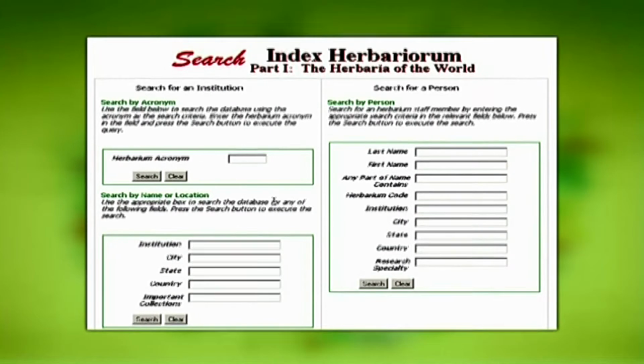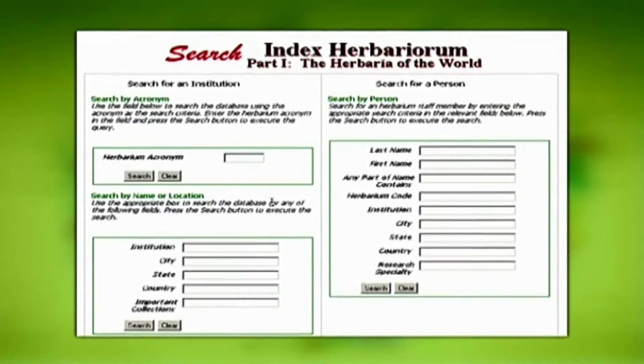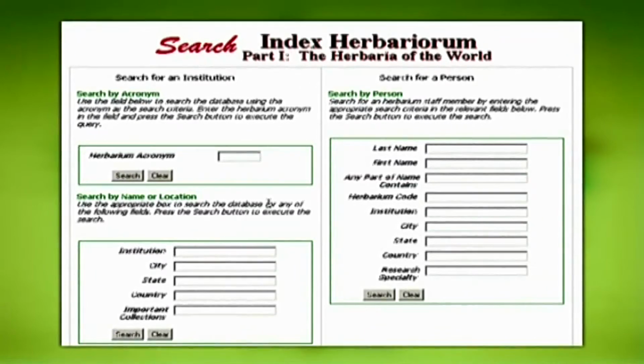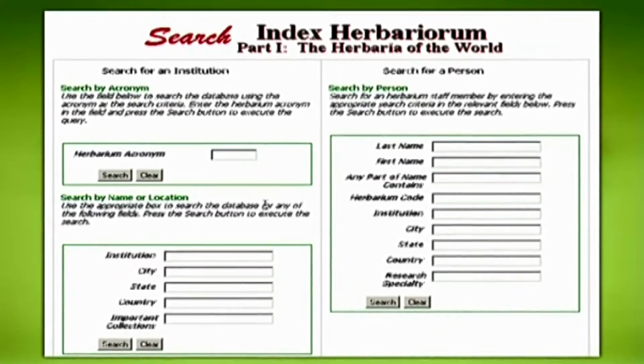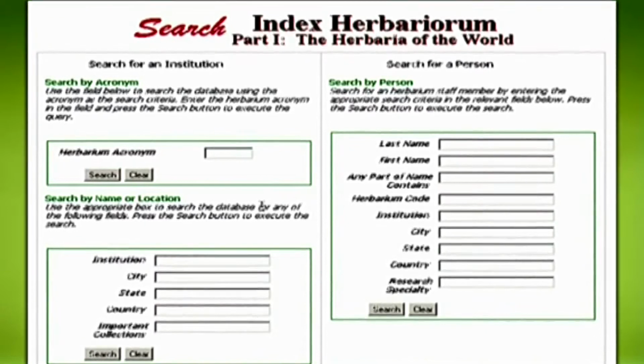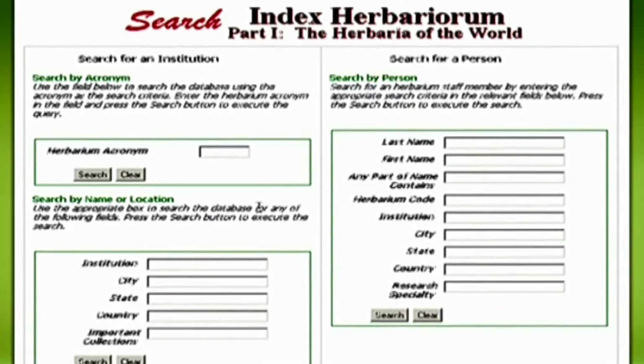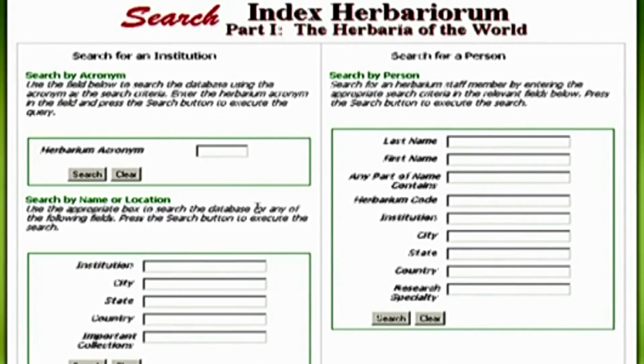The Index Herbariorum contains the information about world's herbaria. It lists their names, and the addresses of curators, and also the number of specimens and the type specimens.